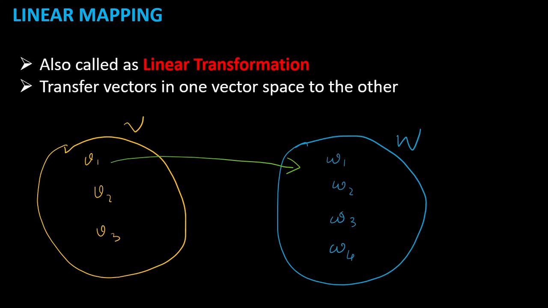A linear transformation means the linearity property should be preserved when we transform it into the other vector space.